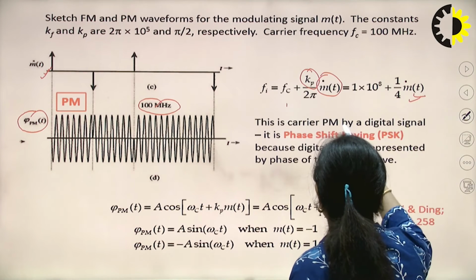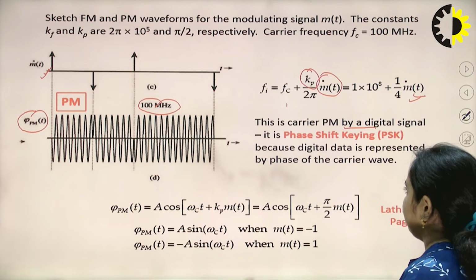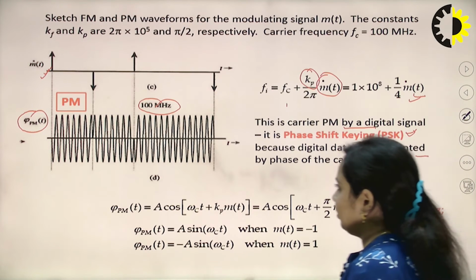So this is carrier PM, with a digital signal, and it is phase shift keying, that is PSK, because digital data is represented by the phase of the carrier wave.